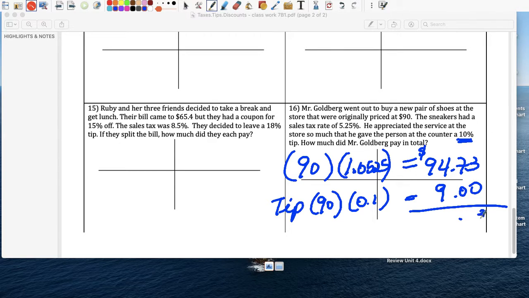And that's it. So we're adding. So the grand total, or the amount we spend at the store, is $103.73. $94.73 is the shoe plus the tax, and then separately we took 10% out of $90, which is $9. And that brings us to $103.73.